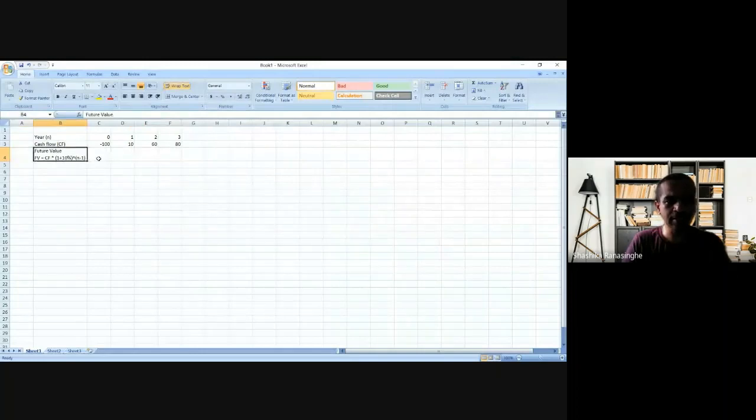So the first step is to calculate terminal value. So let's get the future value of each of these cash flows. That means the project ends in the third year, right?